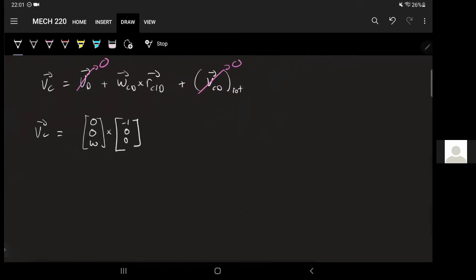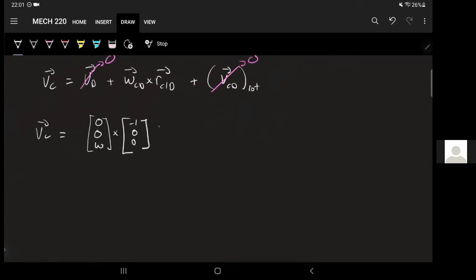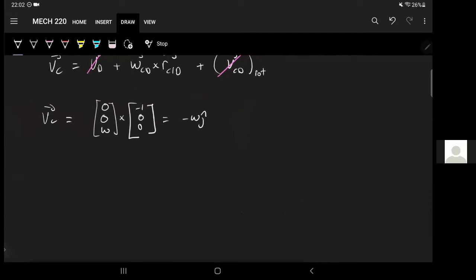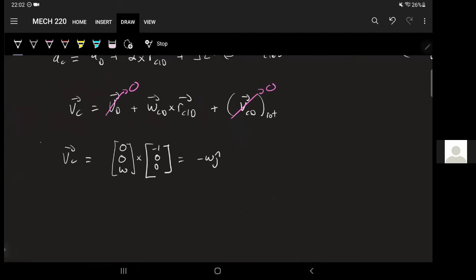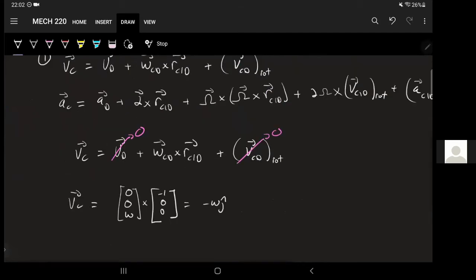Once you do the cross product, you will get minus omega j. We'll call that equation I.